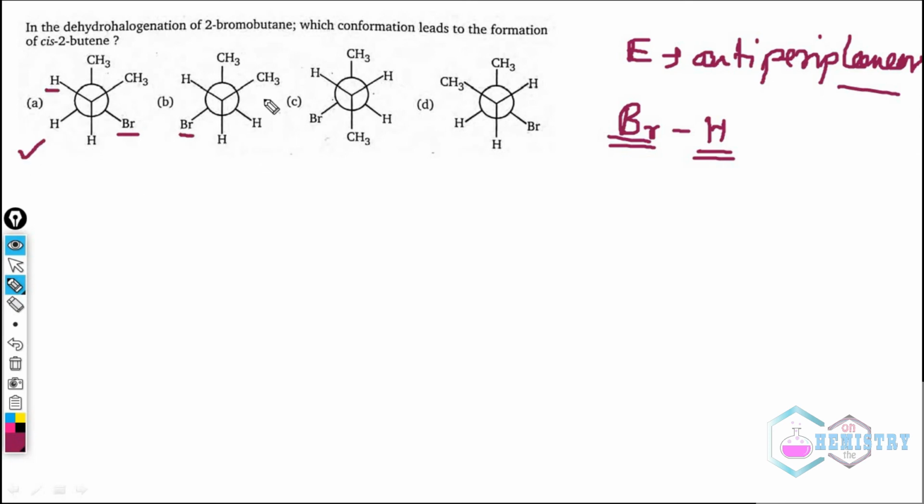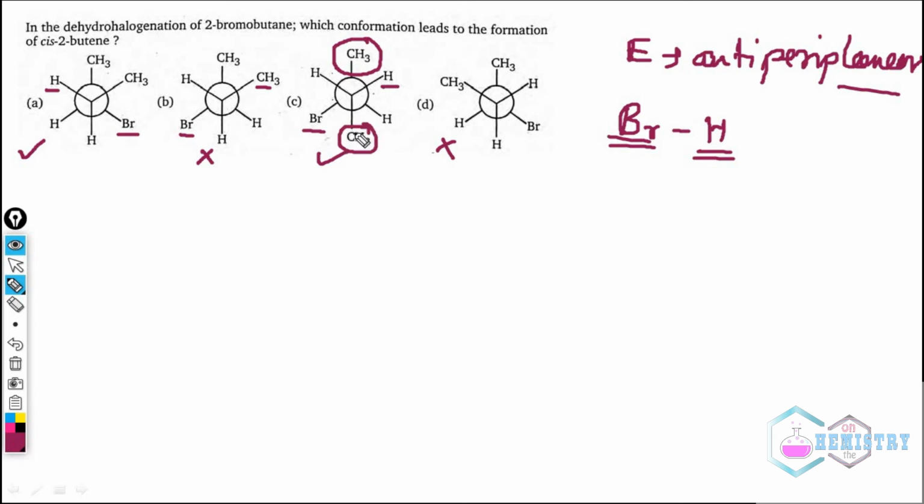In this case bromine and methyl group are in anti position, so this is not a favorable position. In this case bromine and hydrogen are in anti position, so this is a favorable case. In this case also it is not a favorable case. So we have to concentrate on option A and option C. Now you can see in option C both the CH3 groups are anti.